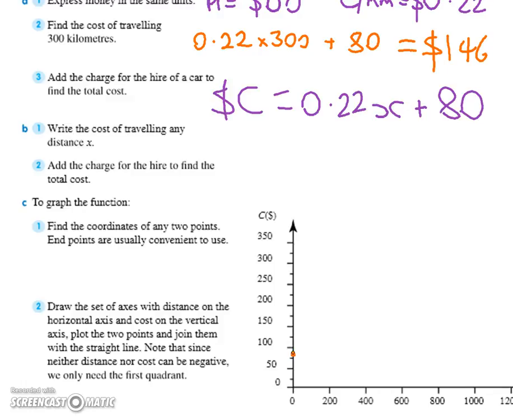Okay. So now how are you going to work out these next ones? You have a formula. You can sub in what you know into this formula. Okay. So your x value would be 200. What's your y value? You're going to have to use a calculator.